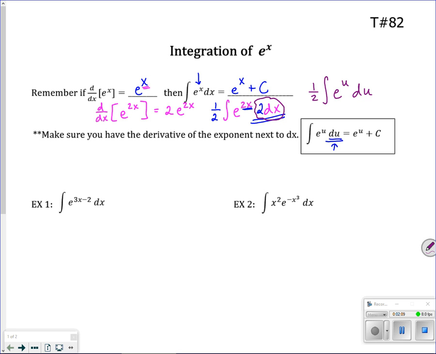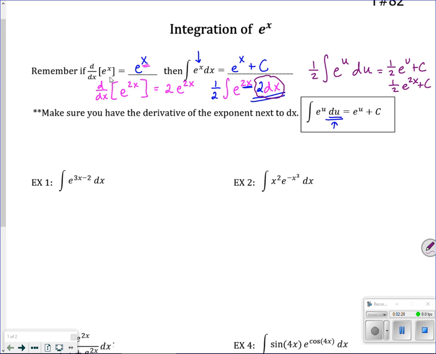Well, how does e to the u du integrate? That would be 1/2 e to the u plus c, and of course my u is 2x, so I would get that. So if you like that fast way, you can totally do that. I'm going to do the hybrid version.